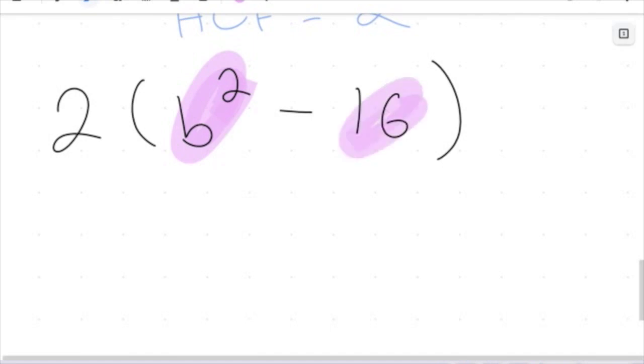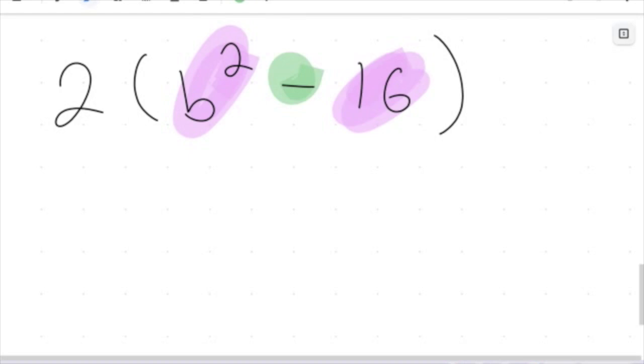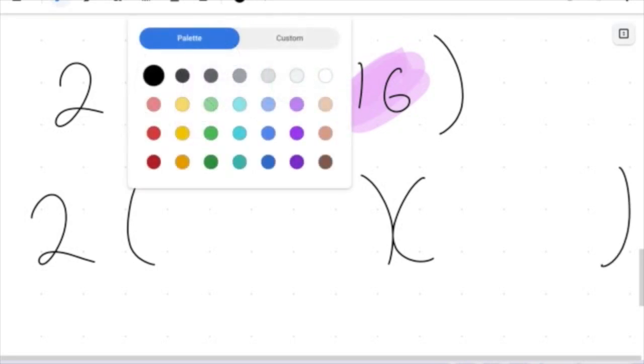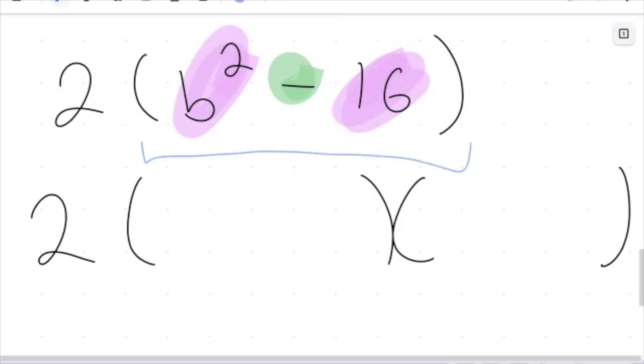And look at this. The 16 now is also a perfect square. 16 is a number we can get from multiplying 2 of the same integers by one another. And once again, we have the difference of these 2 squares here. So what we're going to do now is keep this 2 out the front, and factorize the difference of 2 squares up here.